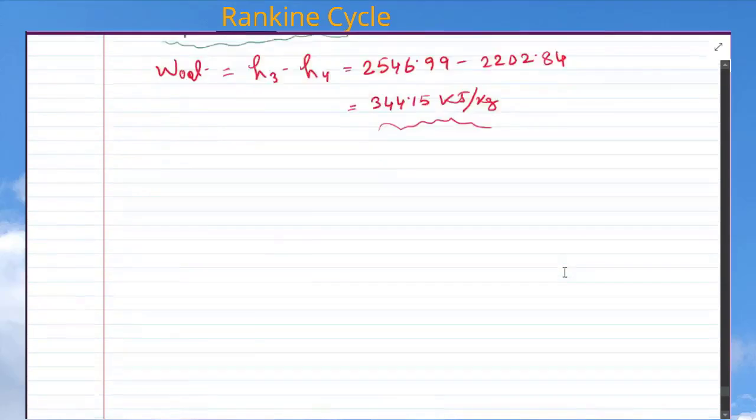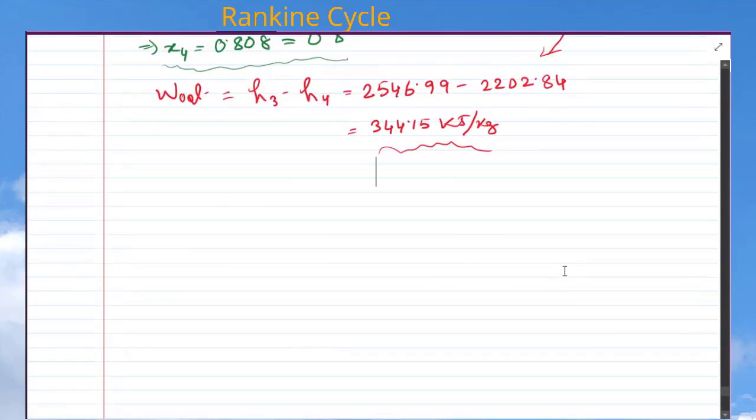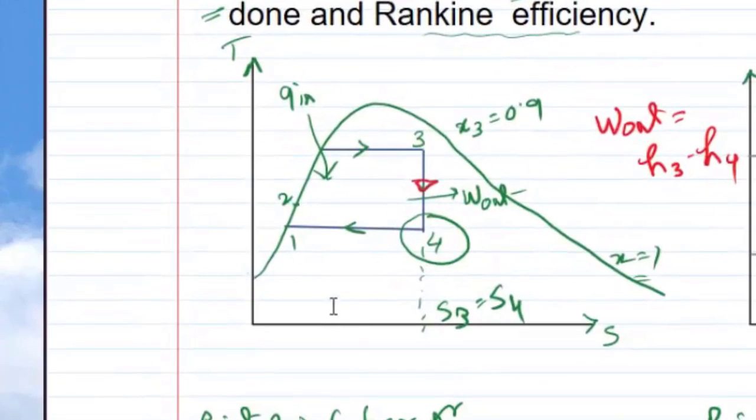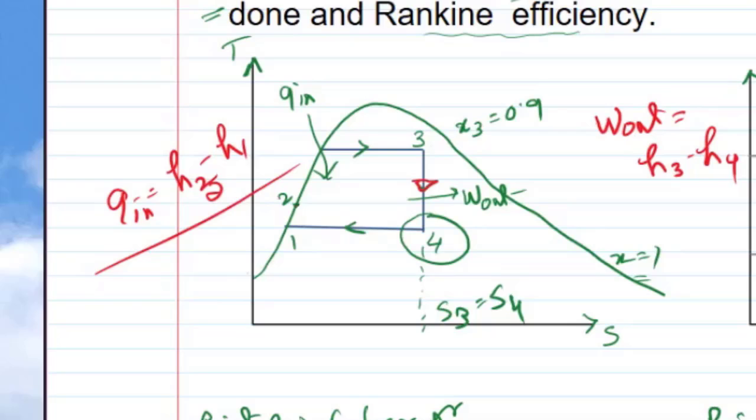Now we have to find out the efficiency of the Rankine cycle. Efficiency of the Rankine cycle is equal to work output divided by heat input, Q in, and Q in is the heat input. Q in is equal to H3 minus H1, and we neglect the pump process.